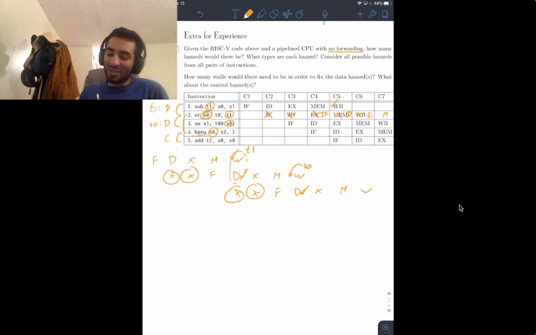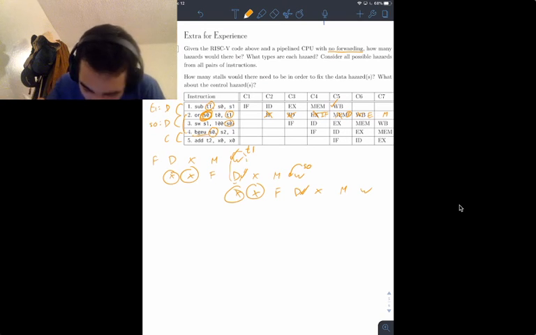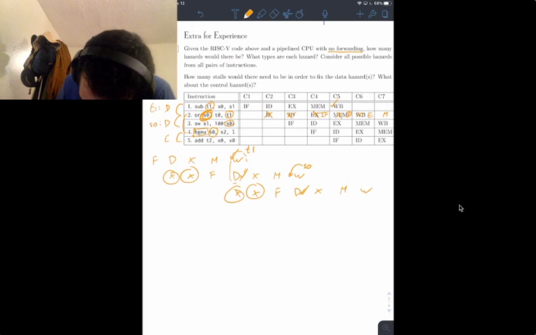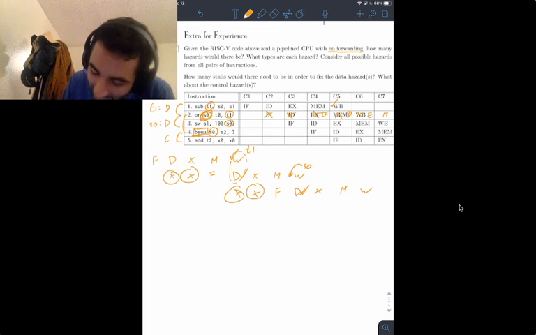I think the solutions might consider it a data hazard, and that's simply because it's obvious that regardless of anything, stalling, no stalling, forwarding, no forwarding, S0. Oh, actually, you know what? I'm totally wrong. This is a branch instruction. Duh. Yeah, this is a branch instruction. So therefore, there is a data hazard between these two guys because I'm attempting to read from S0 when I'm writing to it right there.